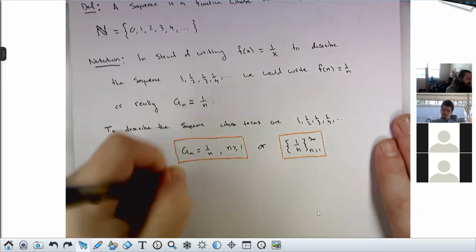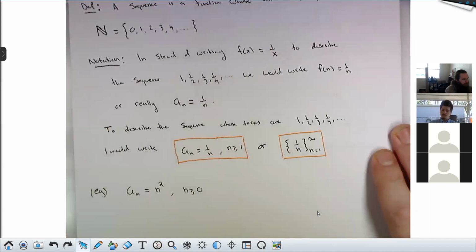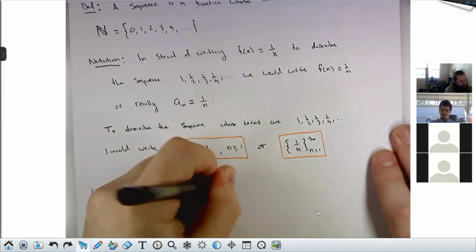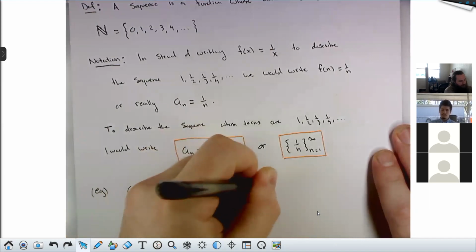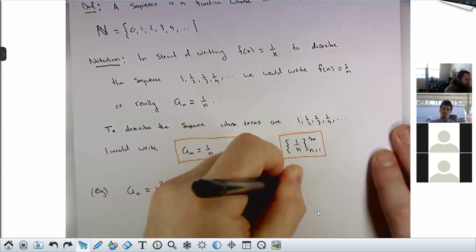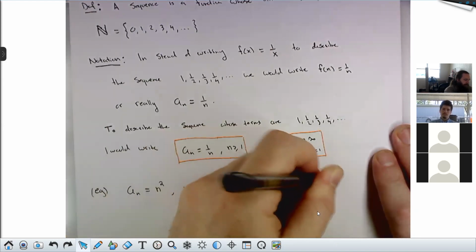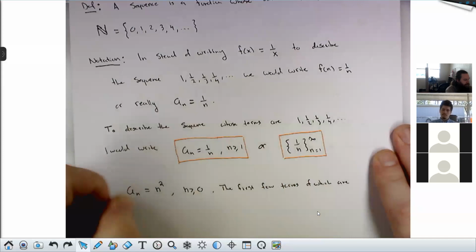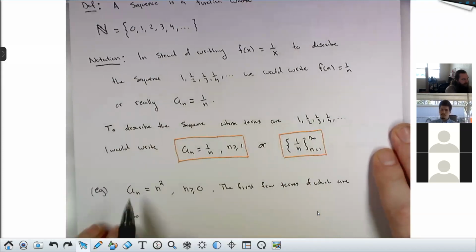And here I could have n starting at 0 if I wanted. The first few terms of this sequence are, well, they told me that n is starting at 0. So the first term is a0.